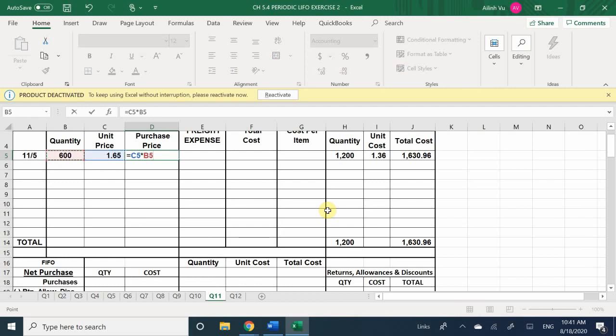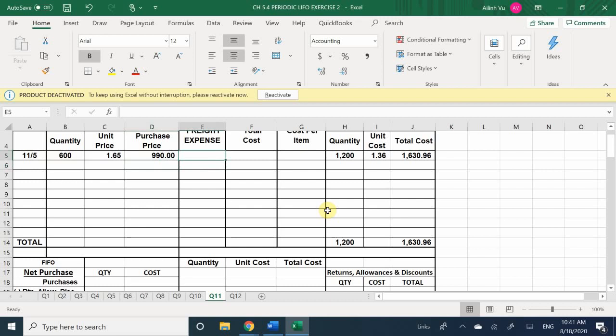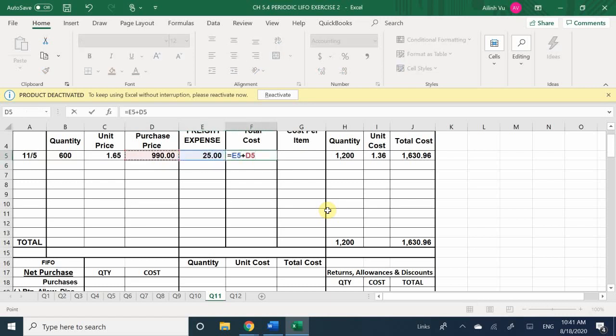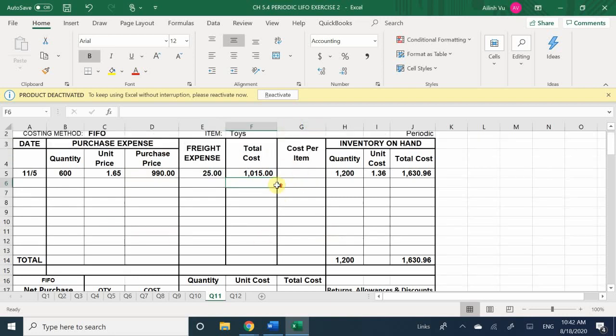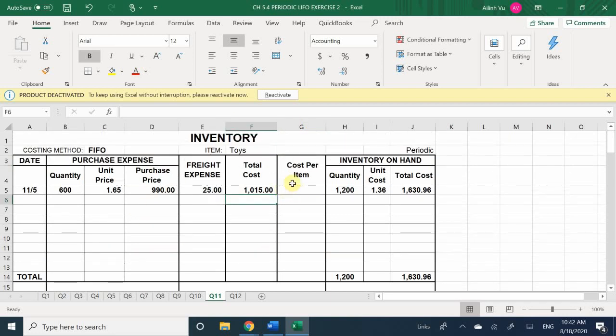What's my total here? $990, good. And my freight was $25. So that gives me a grand total of 1,015. Do we need to solve for the cost per item? Not right now. Okay, good.